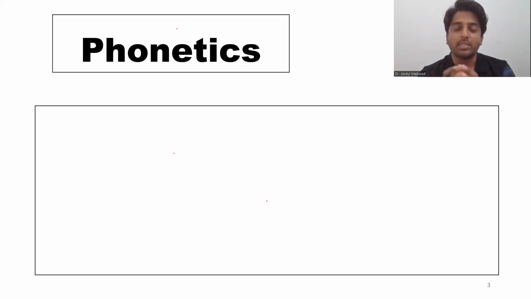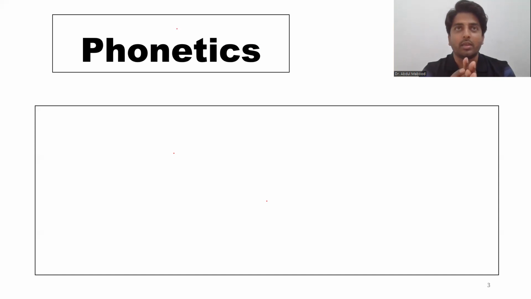sound, speech sound. Now, if I clap like this, it produces sound. I can hear now a dog is barking somewhere. That is also a sound, right? Maybe it is not audible in the video, but I can hear.